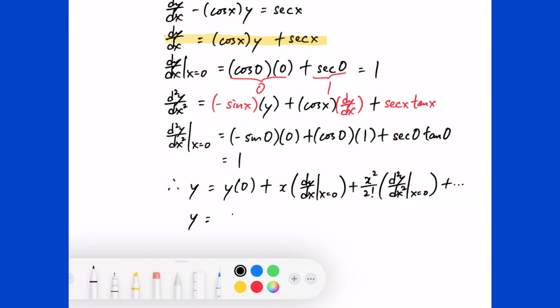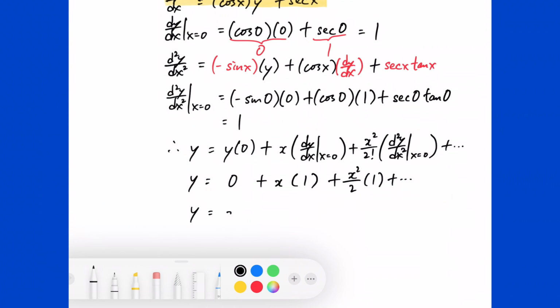We have the functional value equal to 0, the value of the first derivative equal to 1, 2 factorial is equal to 2, and the second derivative value is equal to 1 as well. Therefore, y equals x plus 1/2 x squared plus ..., which is in the format of an infinite polynomial.